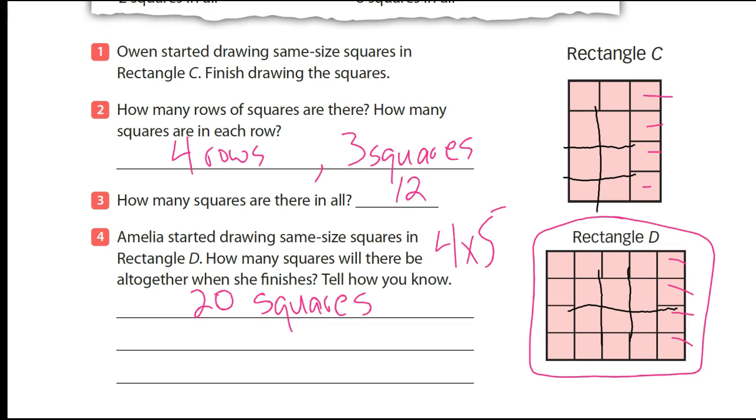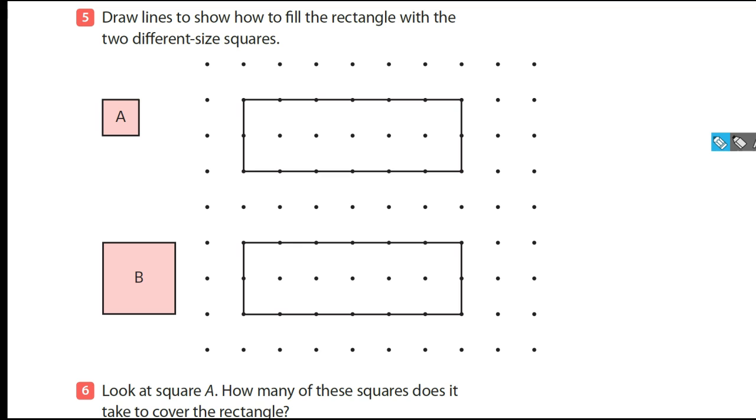It says draw the lines to fill the square with 2 different squares. All right, I guess I'm just doing this. And that's that. But how do I do B though? They're different sizes.